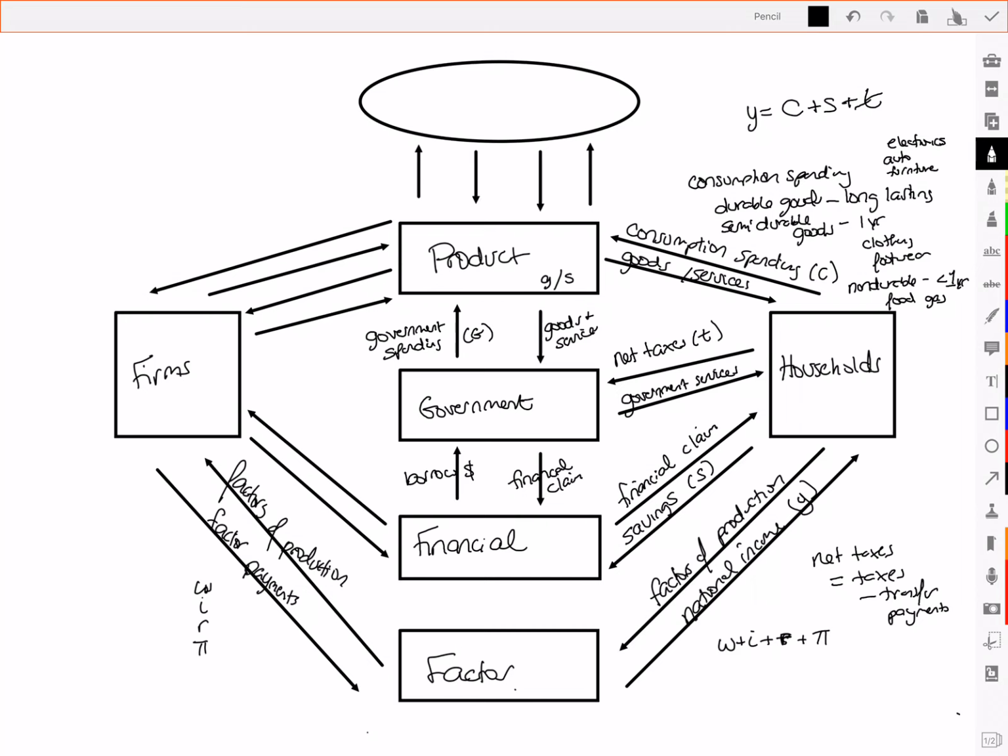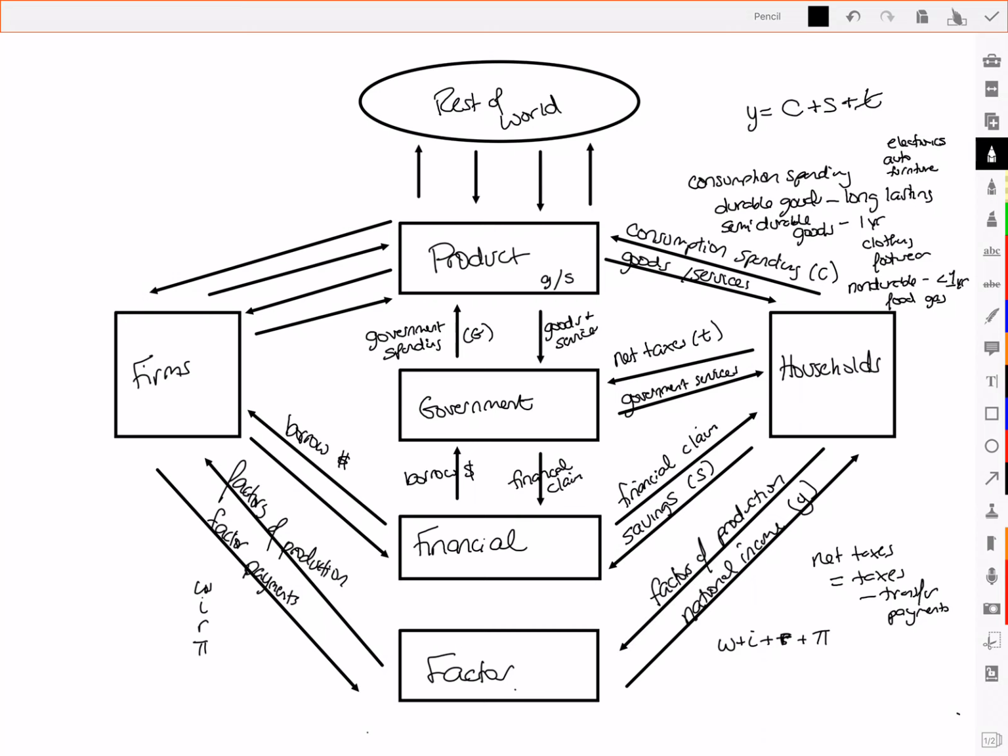All right, so we've looked at the government, and we really have two components left here. We have the rest of the world, and we have firms. So let's talk about the businesses here on the left. Well, businesses borrow money from financial institutions, right?